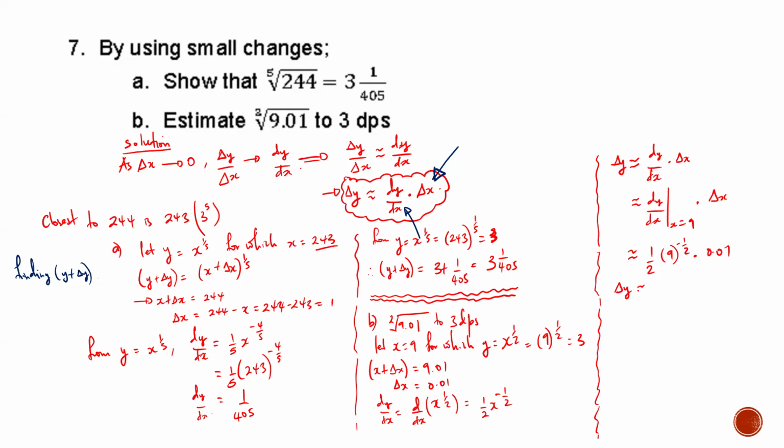And that gives us our change in y as approximately 0.00167. So therefore, y plus the change in y is approximately, since it's an estimate, 3 plus 0.00167. And that's approximately 3.002 to 3 decimal places. Are there any questions regarding that?